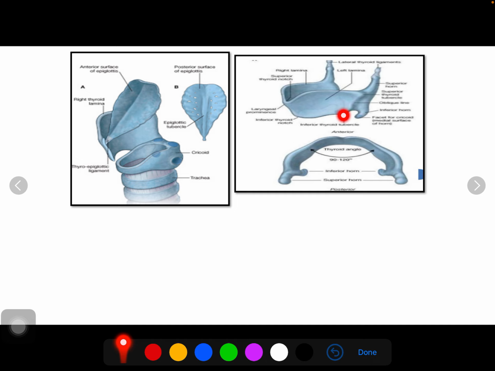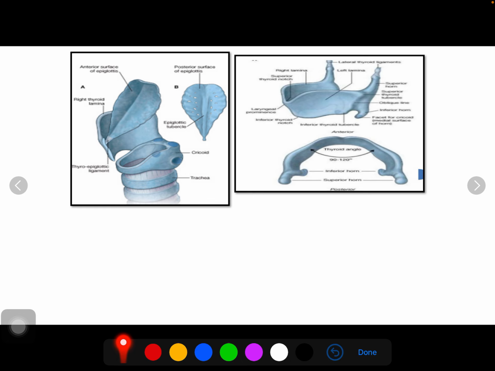The thyroid cartilage consists of two quadrilateral laminae, which meet in the midline anteriorly at the thyroid angle, leaving a thyroid notch above. This is the thyroid notch that is present on the upper part.